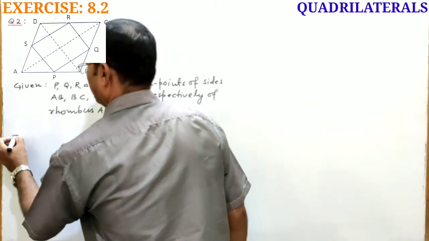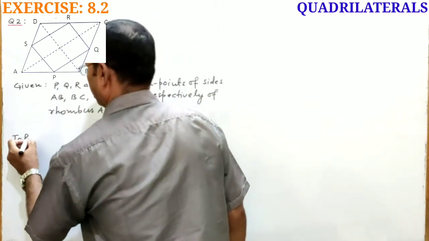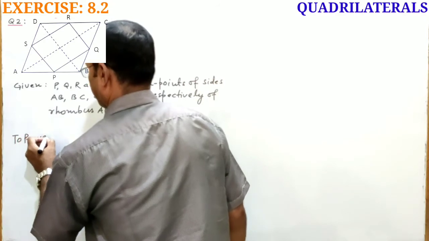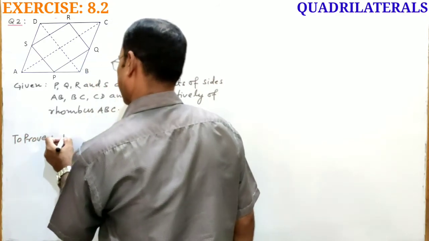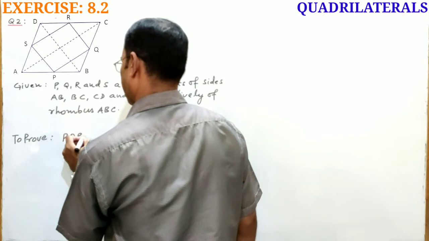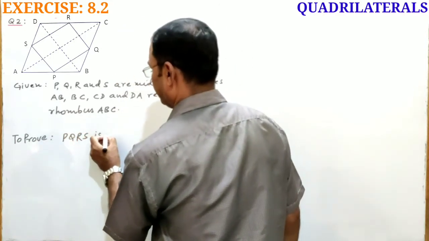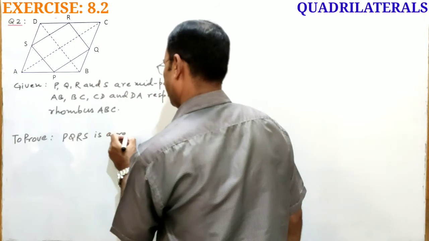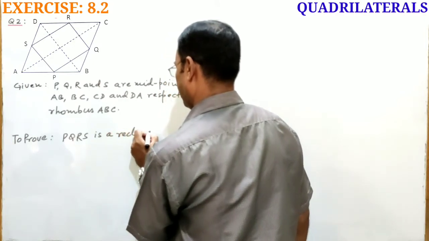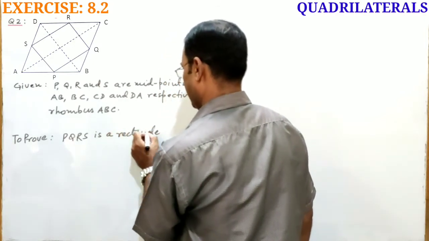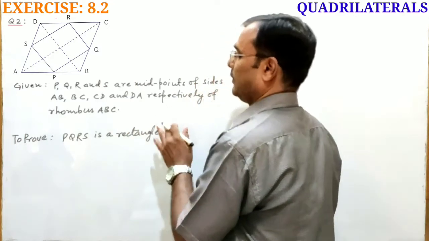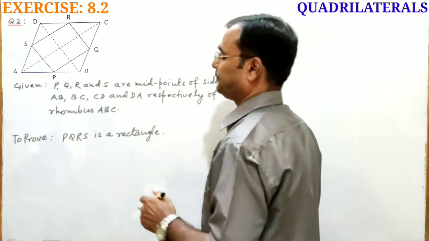To prove: quadrilateral PQRS is a rectangle, this we have to prove.